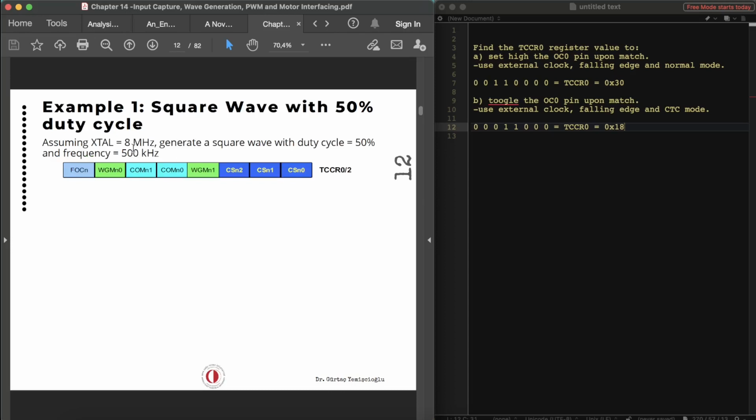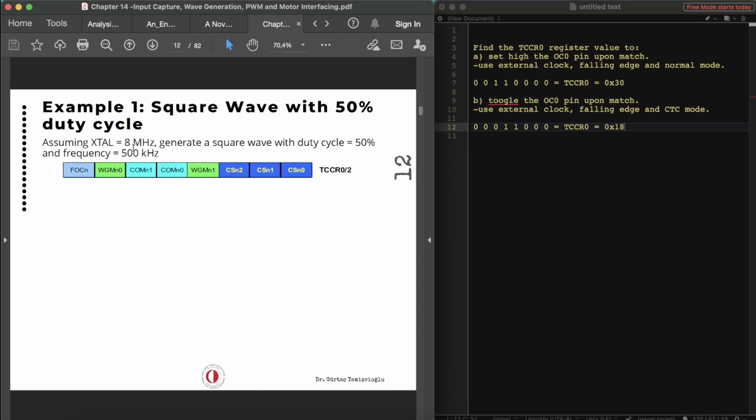That's what we want to generate. And we know that we have got 8 megahertz divided by 2. And the scaling factor, we don't know that yet, 2n, and do we know the OCR? We don't know the OCR0 plus 1.